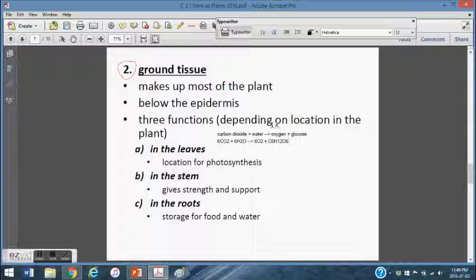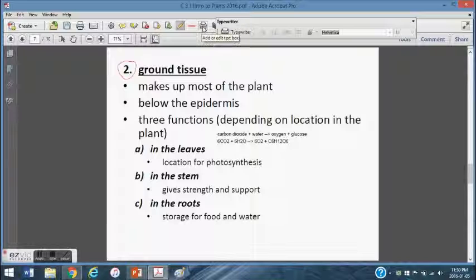So this is the reaction for photosynthesis. You need to write that down. All right. So in the leaves, ground tissue is where photosynthesis happens. In the stem, ground tissue gives strength and support. And in the roots, ground tissue provides storage for food and water.